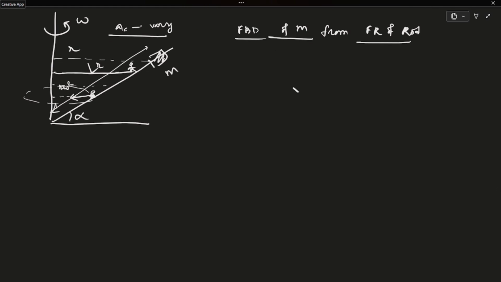So this is m, this is mg, this is normal, this angle is alpha, which is not changing. And I am this person at r. I have a centripetal acceleration towards left. So when I see this block, I'll give the pseudo force towards right. This is r omega square, so the force will be mr omega square.